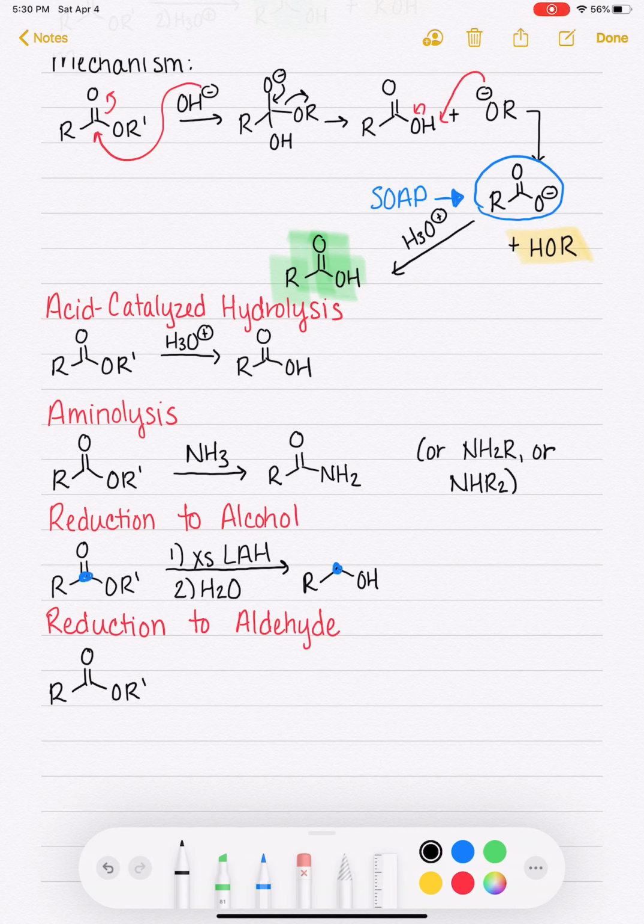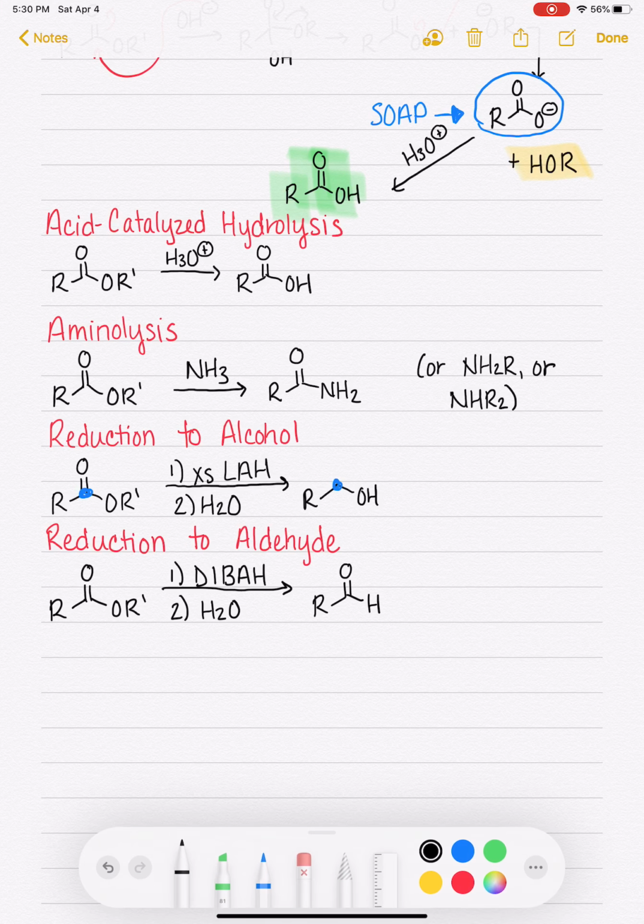Remember, with the acid chloride and the acid anhydride, we used that big, huge lithium aluminum tri-tert-butoxyhydride giant thing. This uses diisobutyl aluminum hydride, which we abbreviate DIBAH, or you might see it written as DIBALH. And so this will stop the reduction at the aldehyde. The DIBAH is not a strong enough reducing agent to reduce an aldehyde.